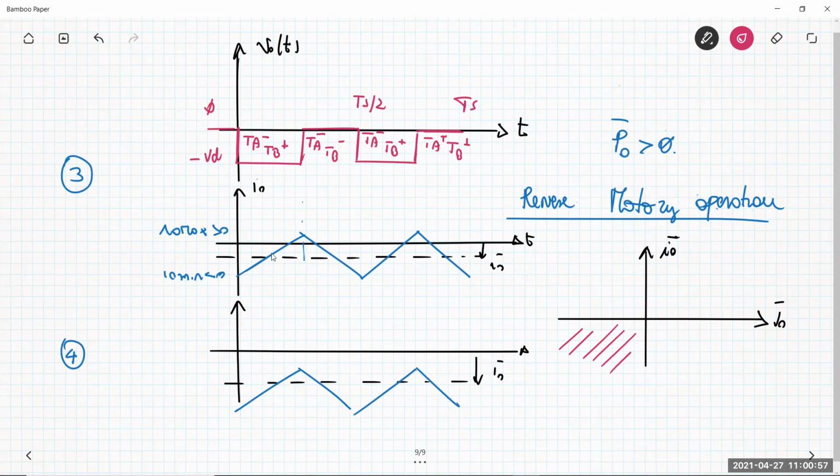Here, there is no distinction between continuous conduction mode and discontinuous conduction mode. For example, here you can see that the current is negative but continues to flow because there is a device that can support current flowing, which is the bidirectional switches that I used. So there is a large portion of the current that goes negative, so the current is not zero. Even here, the current is totally negative, but it continues to flow.